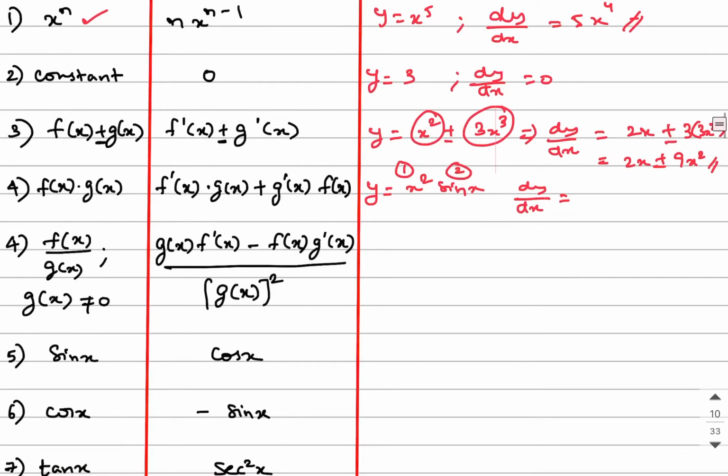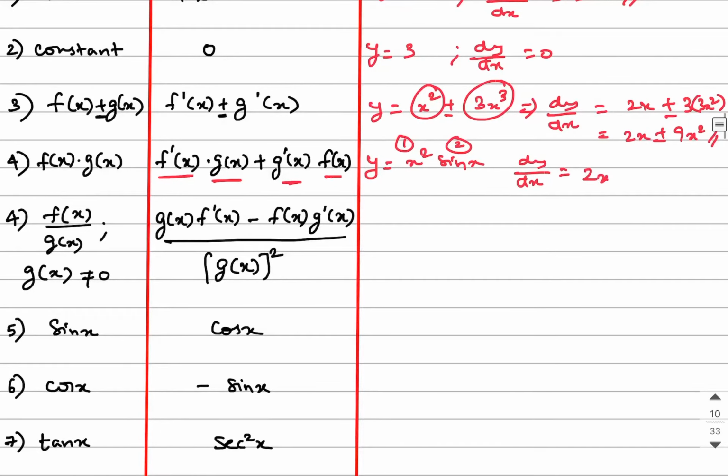You can remember it like this: derivative of first function into second function plus derivative of second function into first function. So the first function's derivative is 2x into sin x plus the derivative of the second function, cos x, into the first function as it is, x square. So this is going to be the required answer.